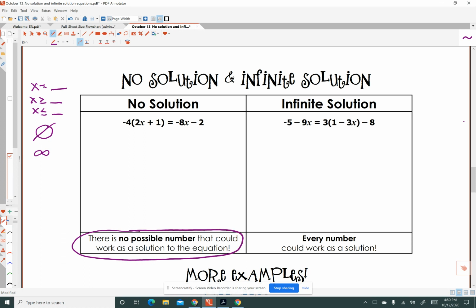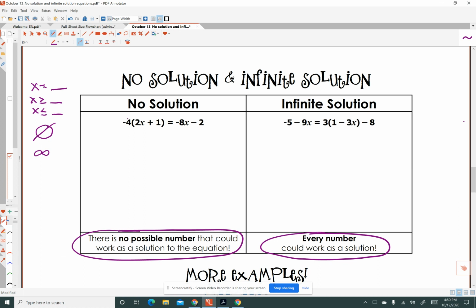That's no solution. Or every number could work as a solution to the equation. And every number includes all of our fractions, our rational numbers. It includes decimals. It includes positive numbers, negative numbers, and all those nuanced parts of numbers that we talk about. So let's get started and let's see what happens when we try to solve these equations.